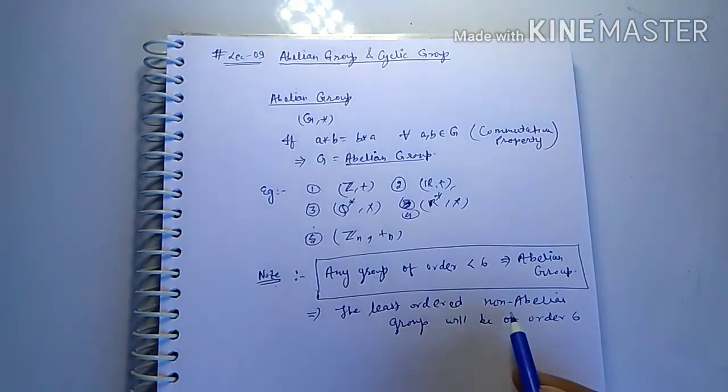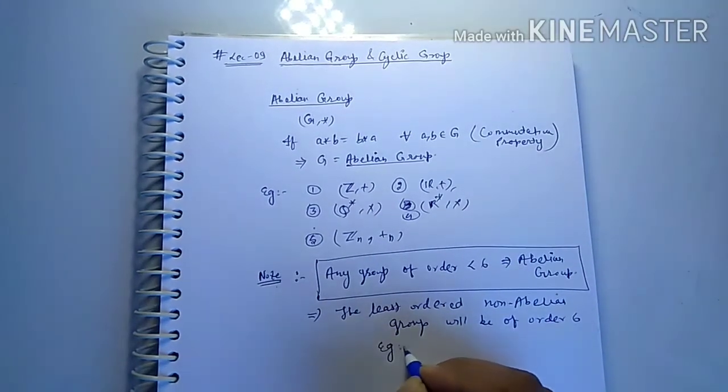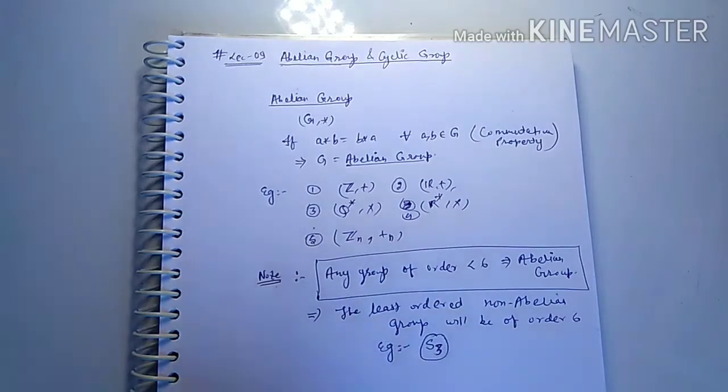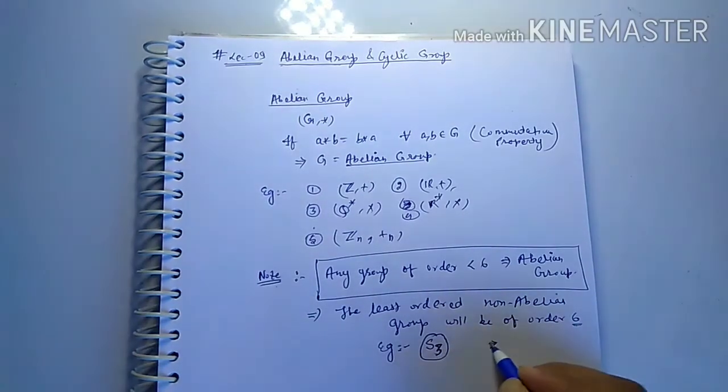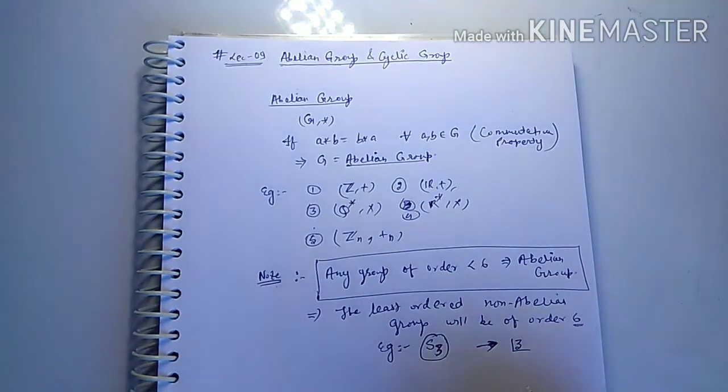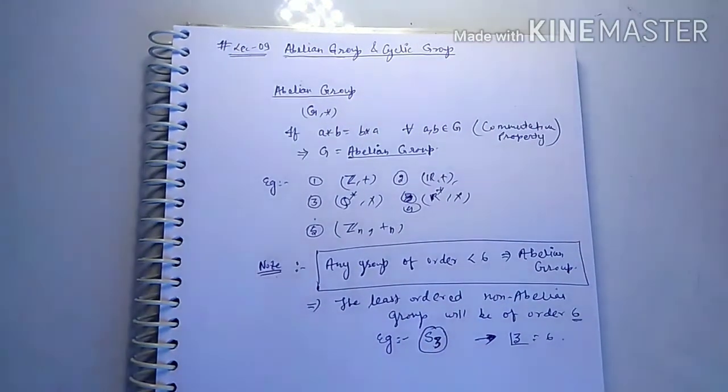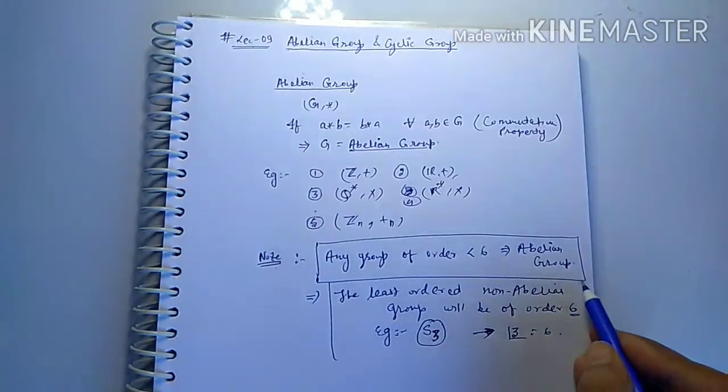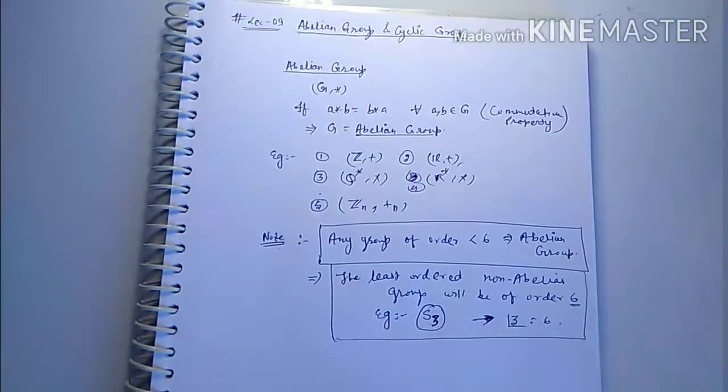So the least ordered non-abelian group will be of order 6, and for this an example is S3, that is the symmetric group on 3 symbols. So this is the example of a non-abelian group with least order, that is of order 6. Here we can derive the order of S3 as 3 factorial, and 3 factorial is 6. So this is the order of S3. So these are the two notes we should always remember in the study of groups.